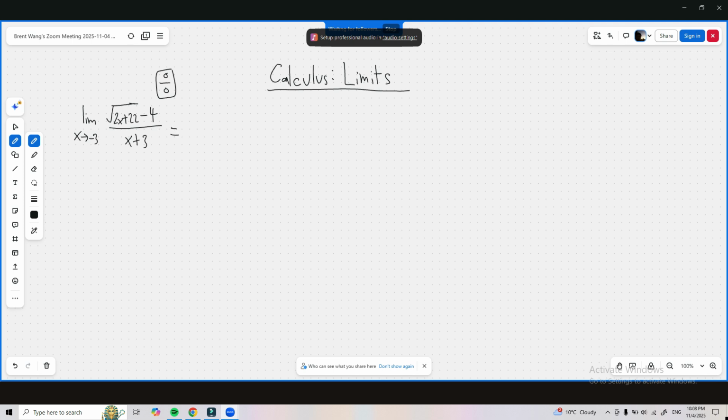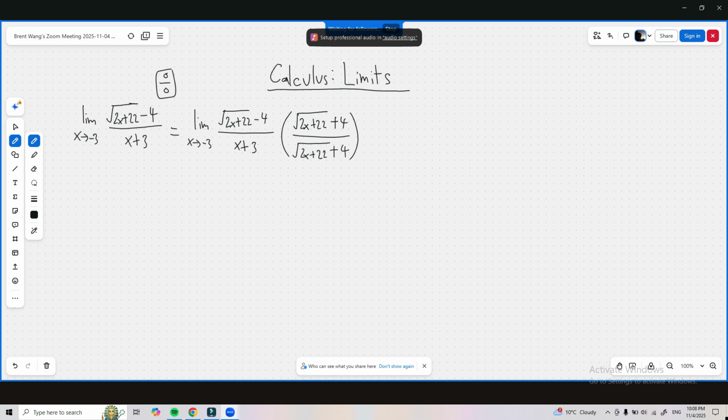Here, we're going to do something. I don't exactly remember what this method is called, but let me just write this out first. We're going to multiply the top and bottom by root 2x plus 22 plus 4 over root 2x plus 22 plus 4.